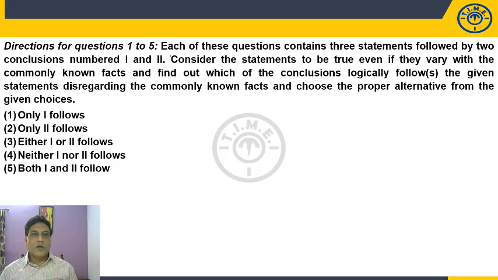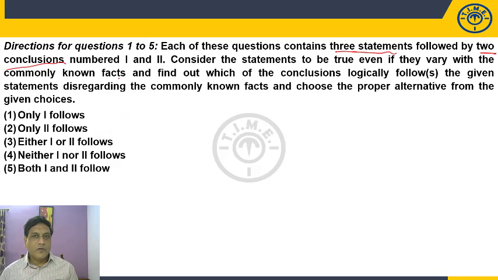Directions for questions 1 to 5. Each of these questions contains 3 statements followed by 2 conclusions, numbered 1 and 2. Consider the statements to be true even if they vary with the commonly known facts, and find out which of the conclusions logically follows the given statements, disregarding the commonly known facts, and choose the proper alternative from the given choices.